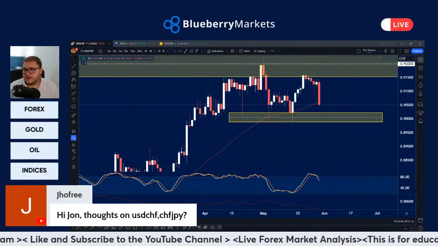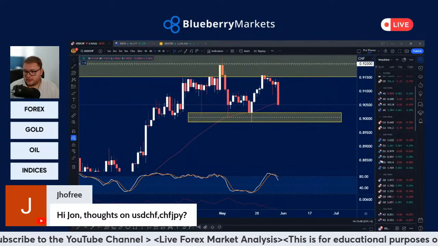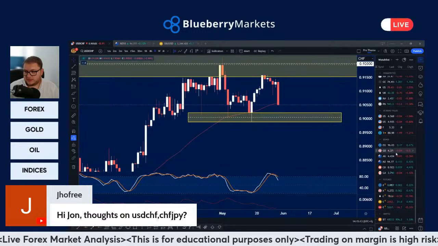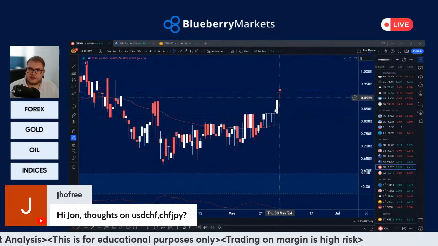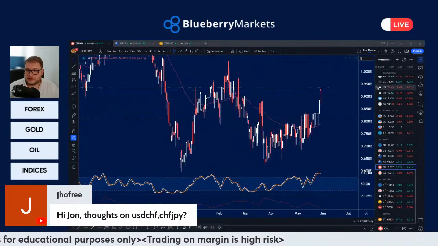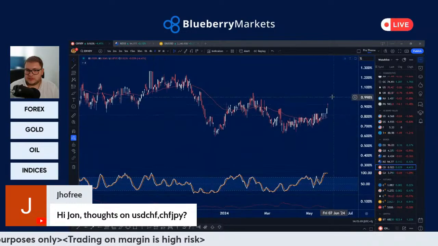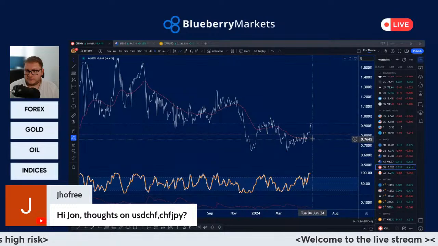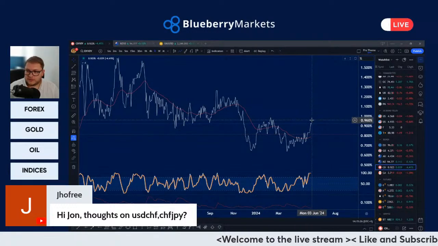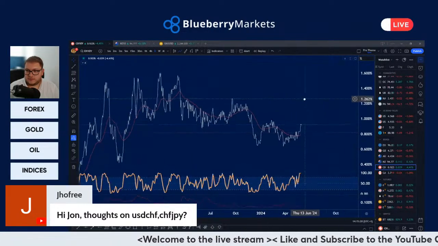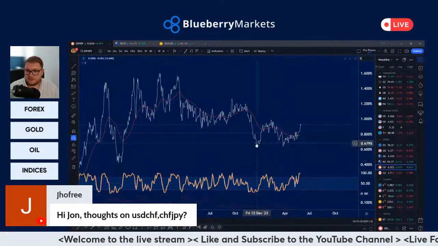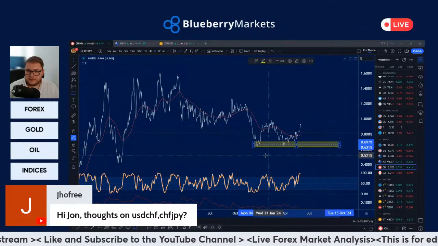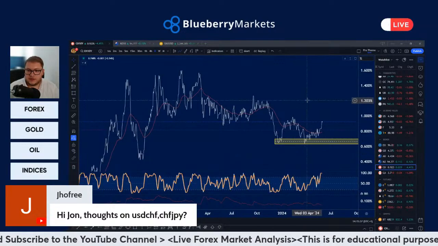What's interesting is if we take a look at Switzerland in general and the 10-year yields, there's my bonds down here. We've actually seen an increase in the Swiss bond yields, so I'm expecting a bit of a continuation. We're above the 50 moving average as well. We tried to breach lower and failed to do so, and the market has continued higher.